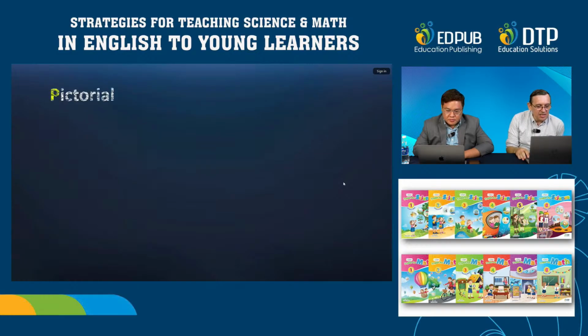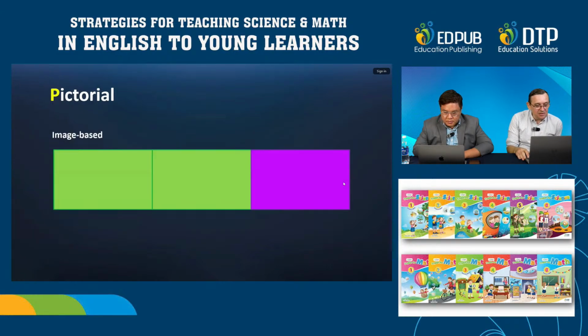Our next step is to change these to pictorial. And this is a transition stage. It's image-based. And you can see here we've got the 2 green pencils signified by the green rectangles. And then we've got the purple pencil signified by the purple rectangle.